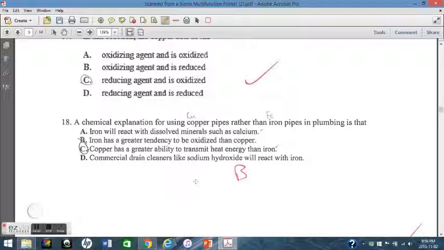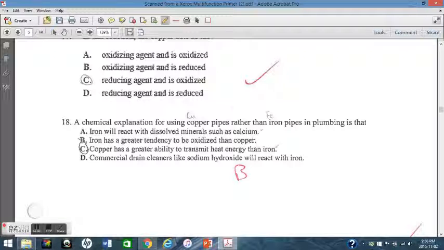Okay. Very well done here and here. In this case, iron has a greater tendency to be oxidized than copper. Basically what we're saying is that copper metal is a weaker reducing agent than iron.